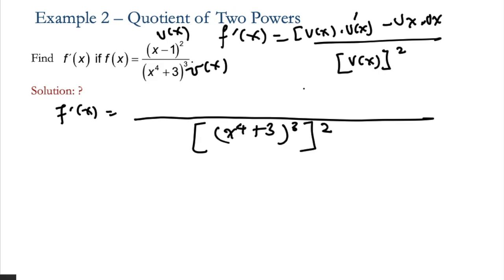So you have here u prime(x) multiplied by v(x), isn't it? And then you minus u(x) multiplied by v prime(x). Let me write it properly here.